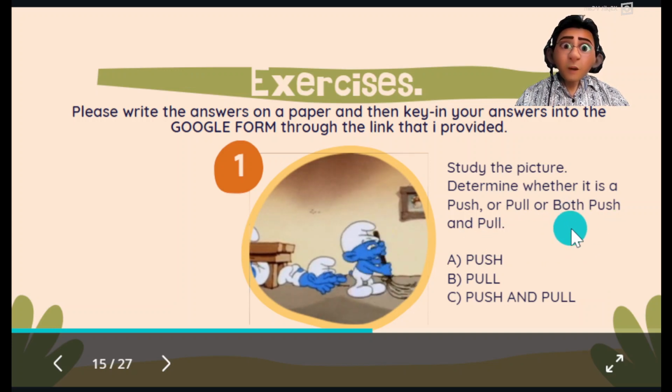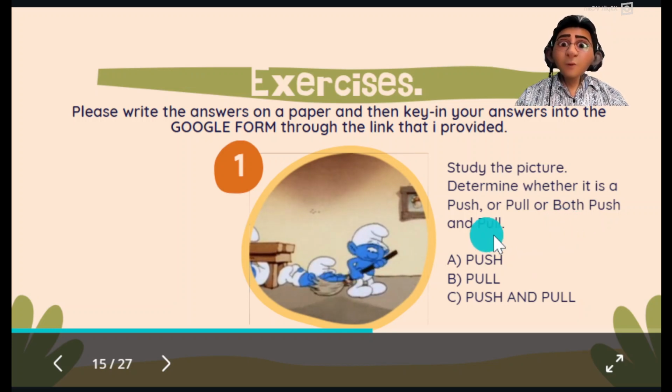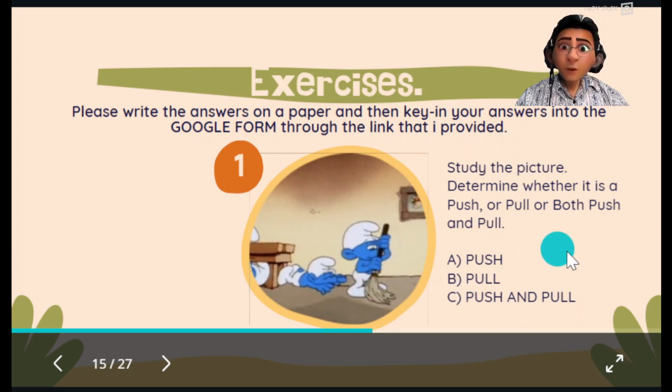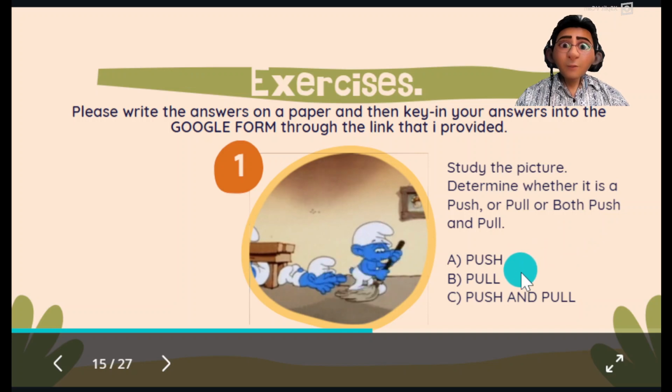Maksudnya both ni sama-sama. B-O-T-H means sama-sama. Ada push jua, ada pull jua. So it is said in English, both push and pull. So look at this picture. Is it a push or pull, or both push and pull? So pilih satu, A, B atau C. A, B or C.